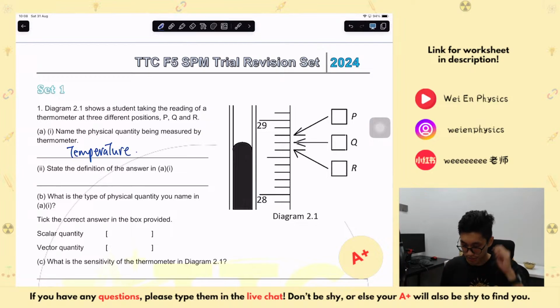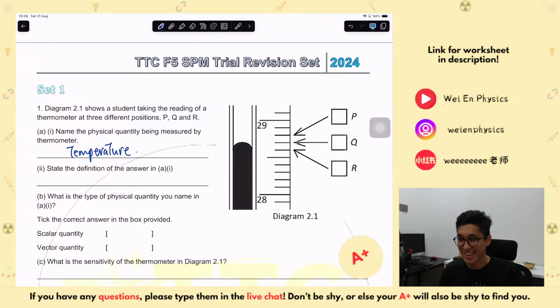Next, state the definition of temperature. Temperature is telling us how hot something is, the degree of hotness. We don't say how hot and how cold, because cold doesn't exist.